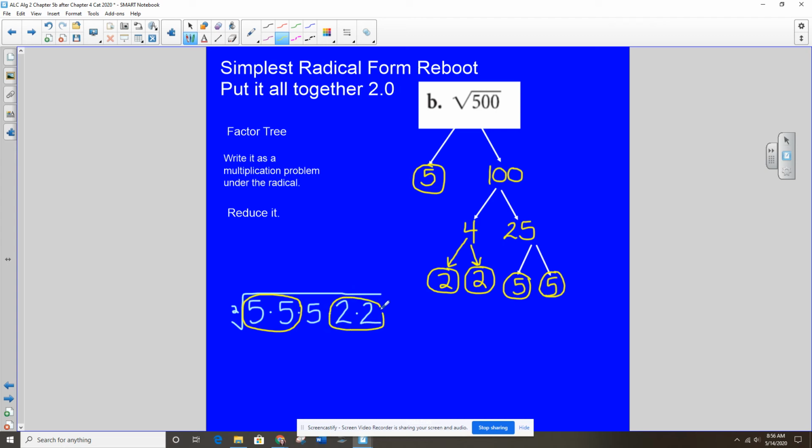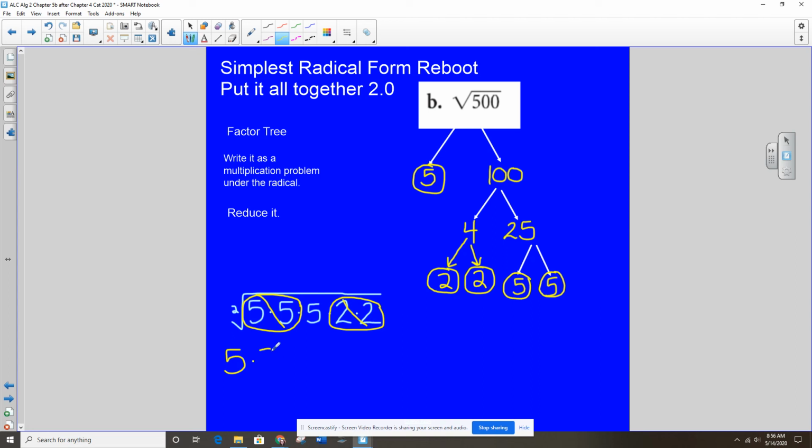All right, so there's a pair of 5s and a pair of 2s, and when I take them out, what I'm doing is taking the square root of them. So 5 times 5 is 25, and the square root of 25 is 5. So you get a 5 on the outside. So we represent the pair on the outside like that. And then 2 times 2 is 4. The square root of 4 is 2.